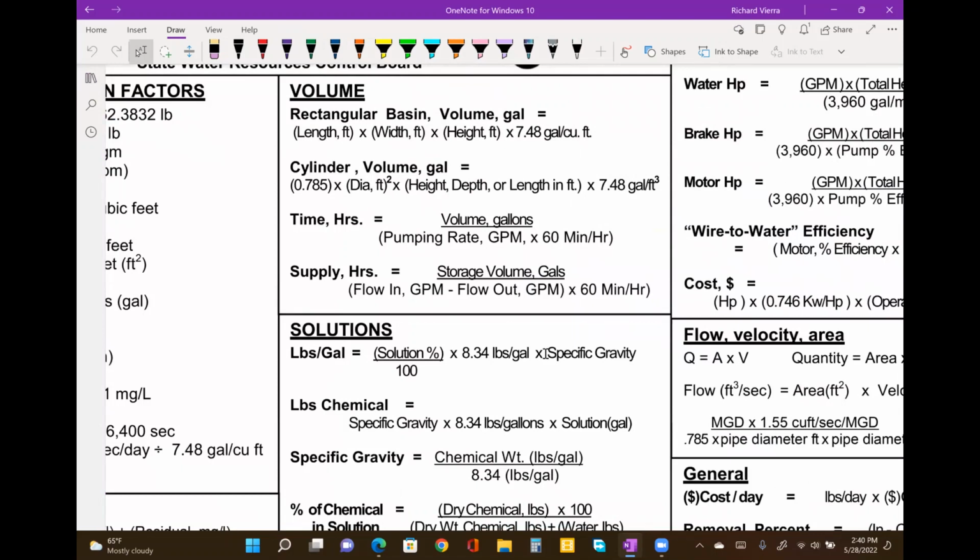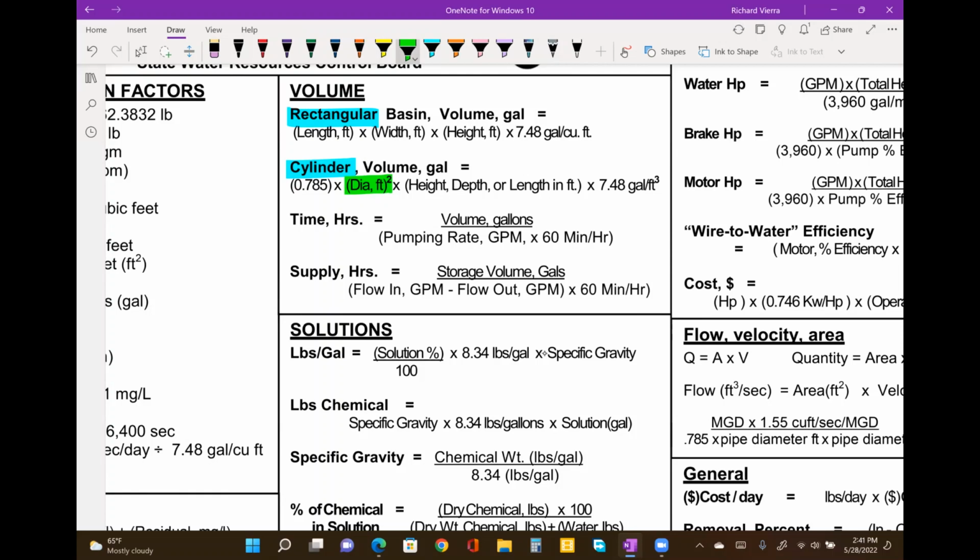One is for a rectangular shape and the other is for a cylinder shape. One of the best ways to tell which one is going to work best is to look for a specific dimension that only shows up for the cylinder shape, and that is a diameter. The diameter will indicate that we're using a cylinder.